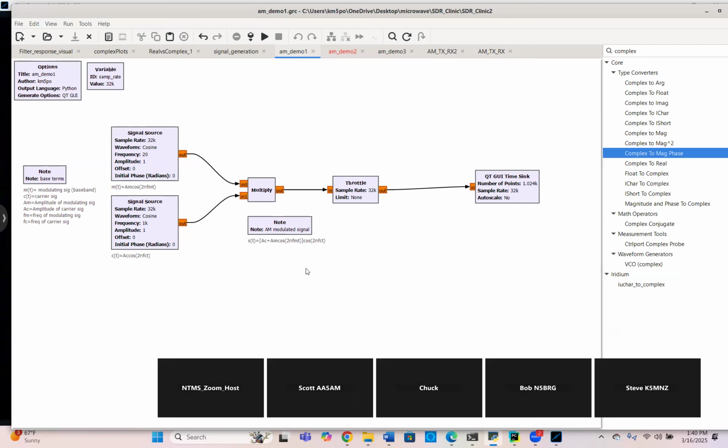Now, I do want to say that taking two values that are complex numbers and turning it into a transmittable signal with a certain magnitude and phase is done in the SDR radio. But knowing how it happens is one of the reasons, I think, we should be doing what we're doing.